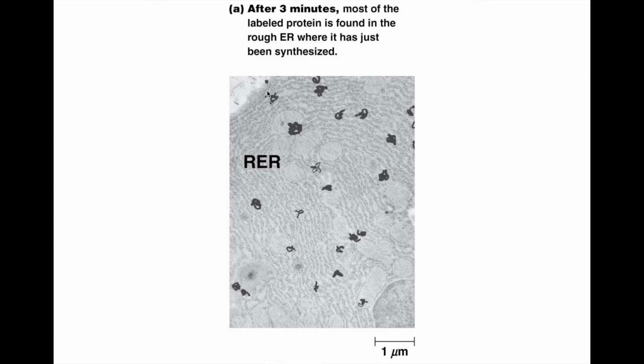So if you label a protein being made on the rough ER and wait 3 minutes and take a picture, most of the protein, which is this squiggly stuff here, is found inside the rough ER as it's being synthesized.